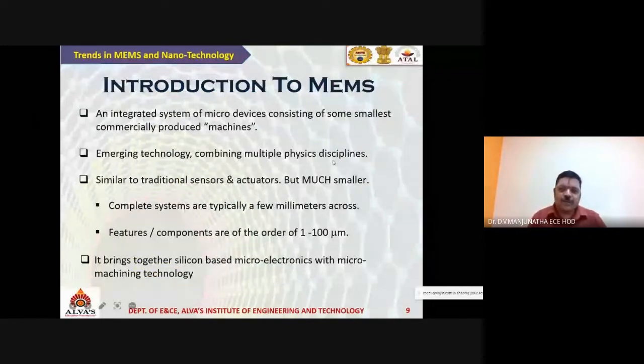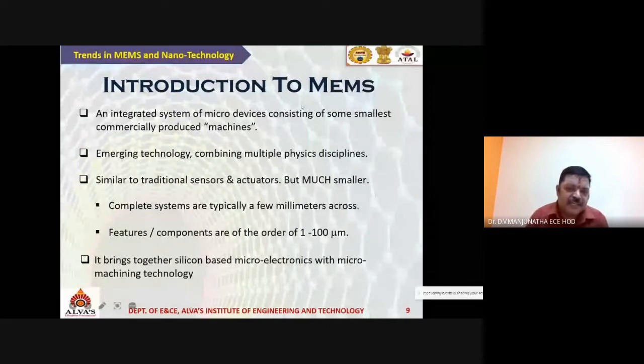So all of you are very curious to know what this technology of MEMS is. So let me introduce to all of you the introduction to MEMS. What is MEMS?